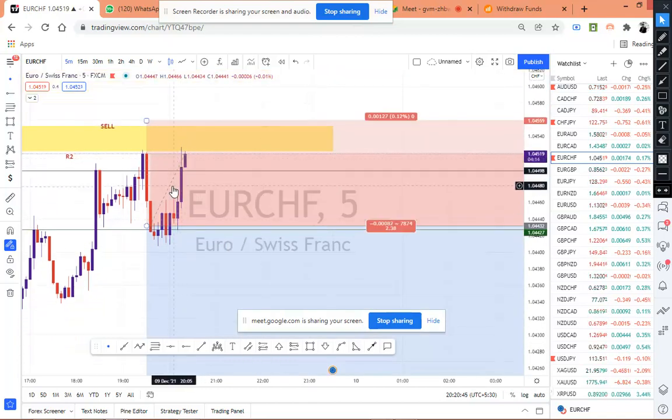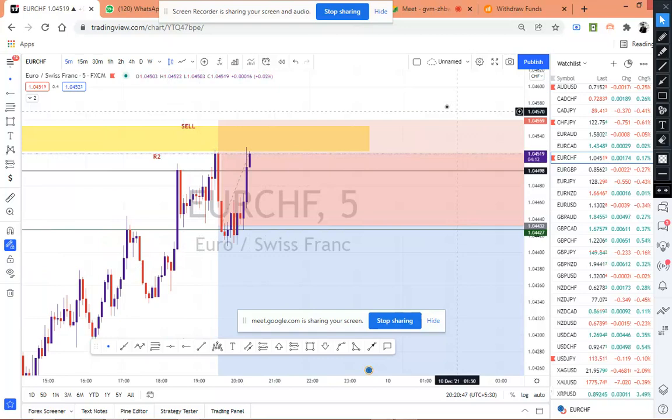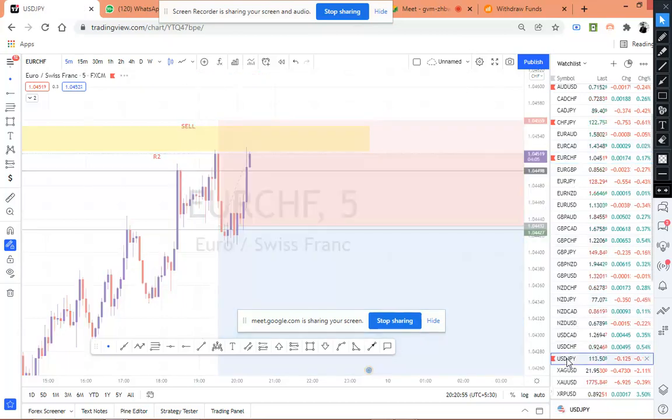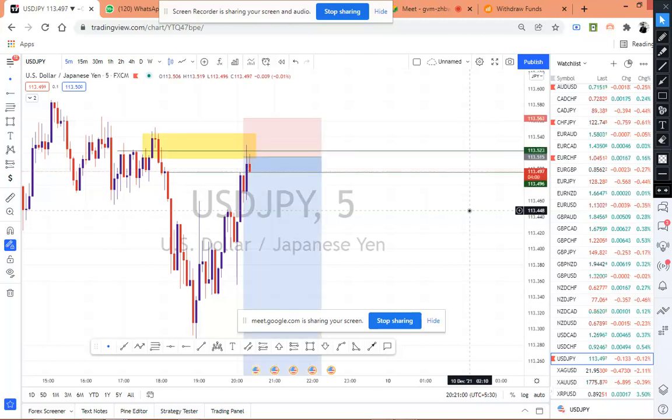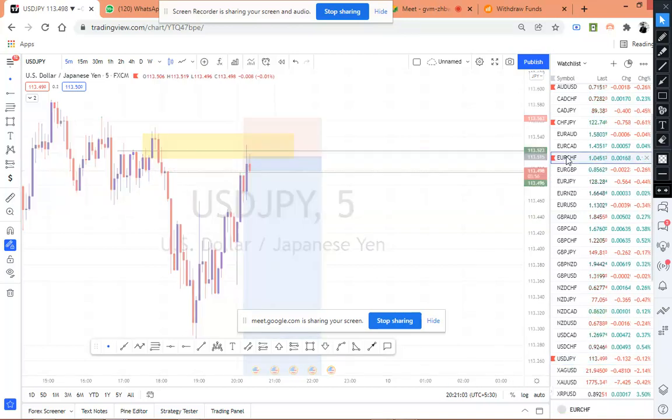Okay, the same thing happened here. Double top. Maybe the market wants to create a double top. The market is full of double tops. Now I can see some sellers entry. I think they should both move at the same time, double top.